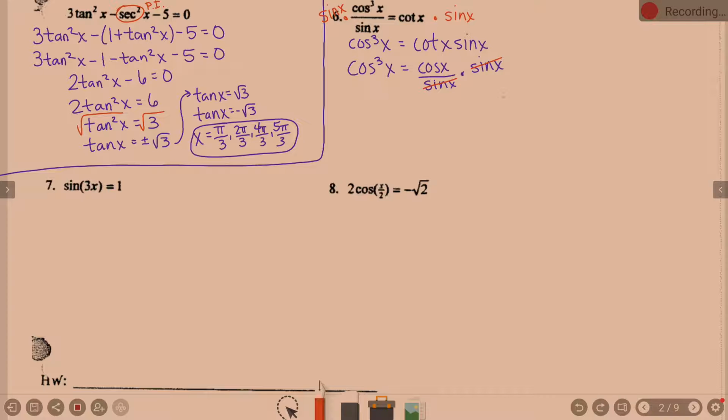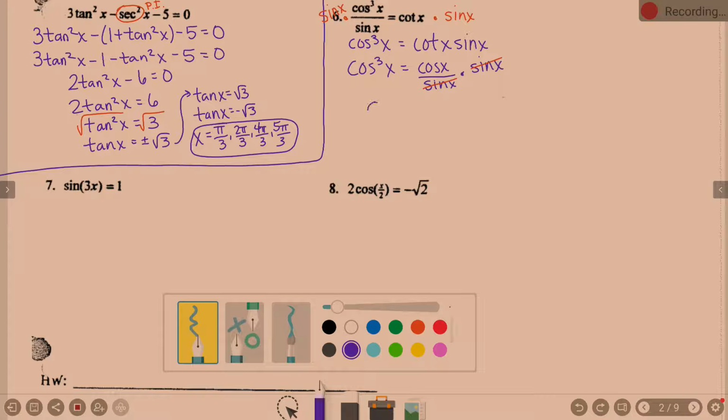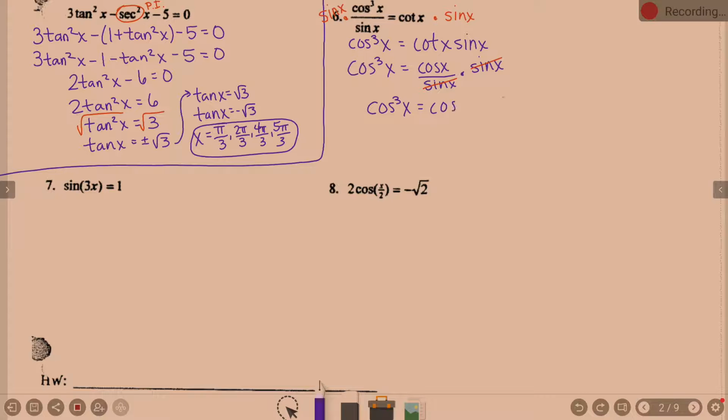And then I'm at the point of cosine cubed x equals cosine x. Thoughts?